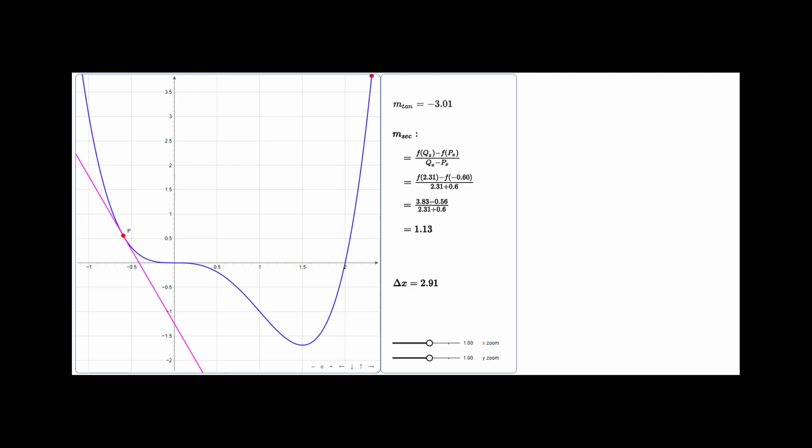Alright, so the intervals of concavity. If I look at point P over here in this first little region, the curve is entirely above the tangent line. So on this interval, I have a curve that is concave up. So it's looking like a parabola. But then I have this point right here where one part of the curve lies above the tangent and one part lies below the tangent.